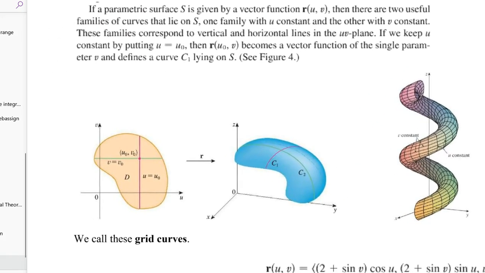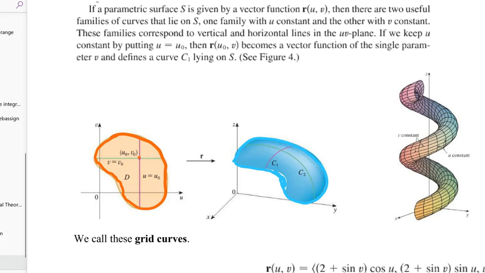So you're pulling your values from your region. This is your domain.